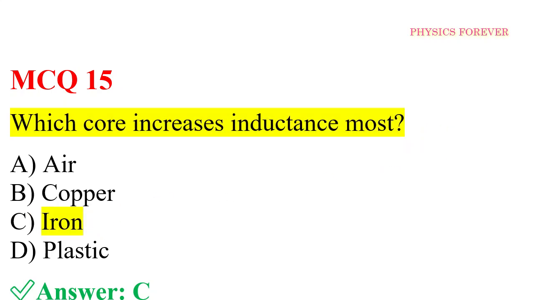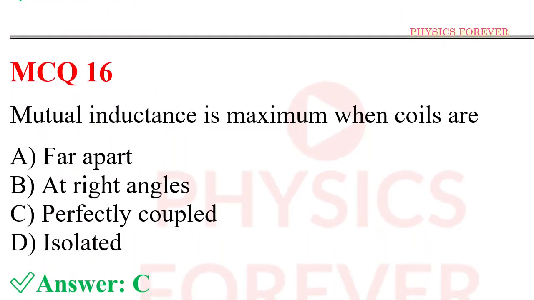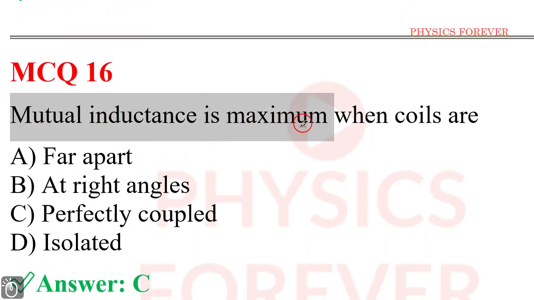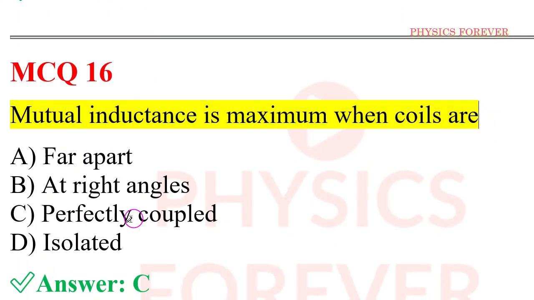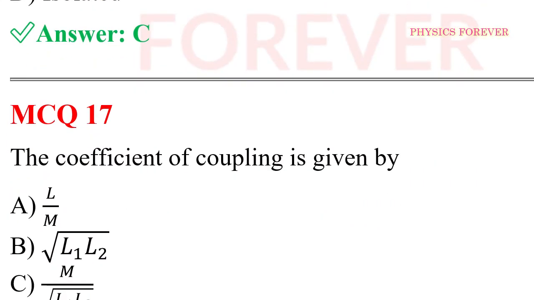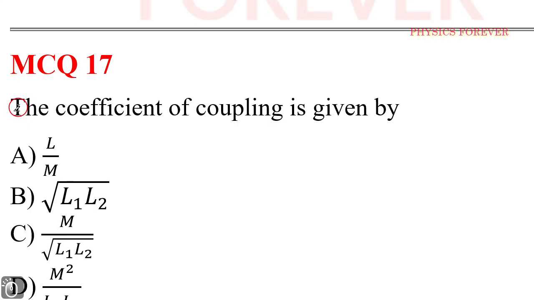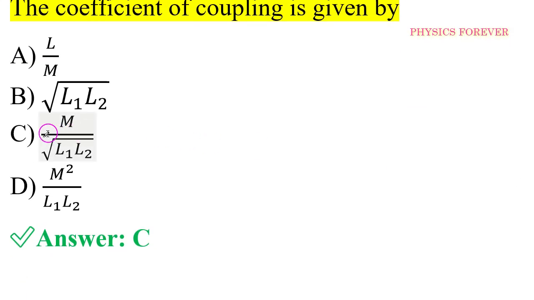Most important. Mutual inductance is maximum when coils are perfectly coupled. This is the important formula: the coefficient of coupling is given by... option C is correct.